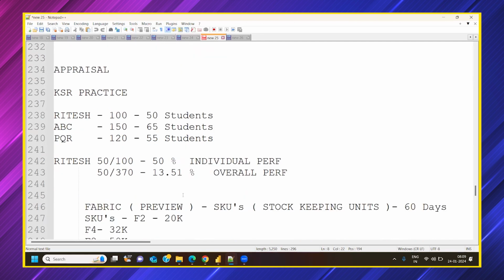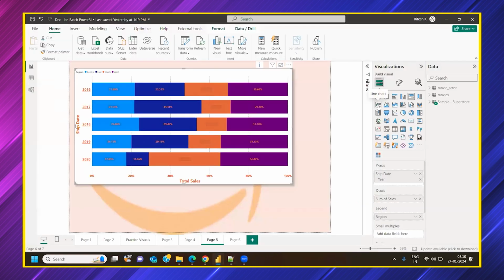There is a slight confusion for a few folks about what exactly individual performance and overall performance are. Those insights we are going to see today, and a few other charts which play an important role in any specific report or dashboard.